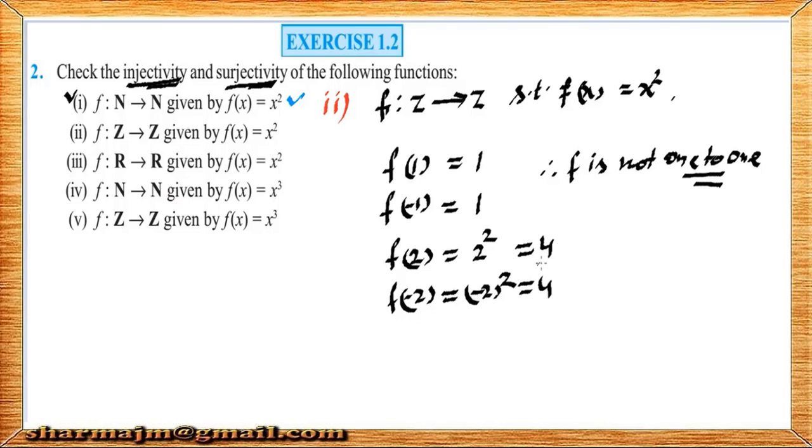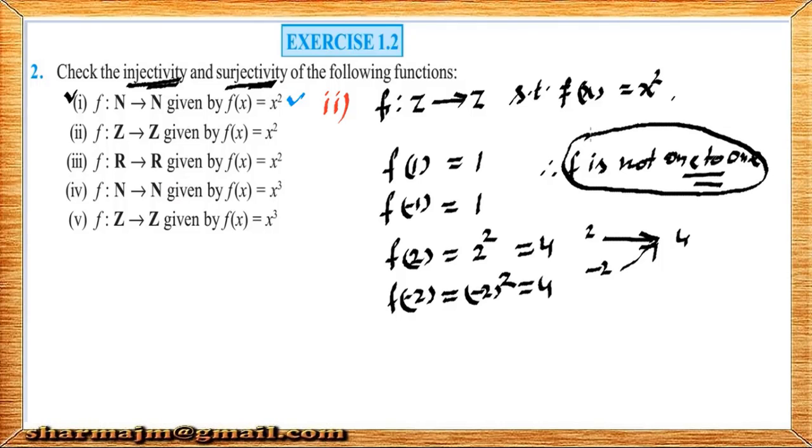So you see 2 is having image 4, minus 2 is also having image 4. So this function is actually many to one. It is not one to one. So this function f is not one to one.